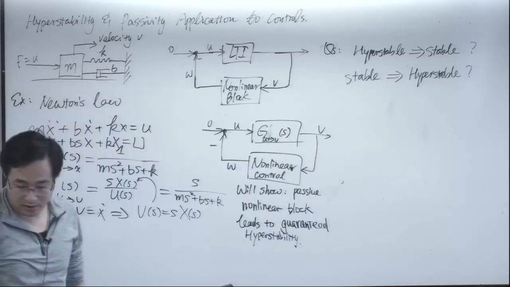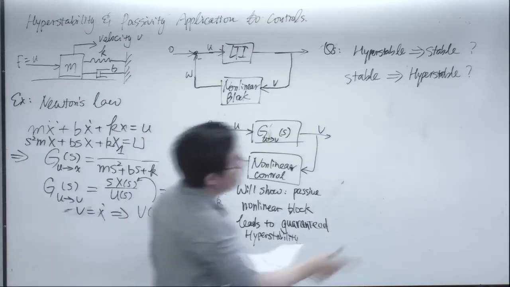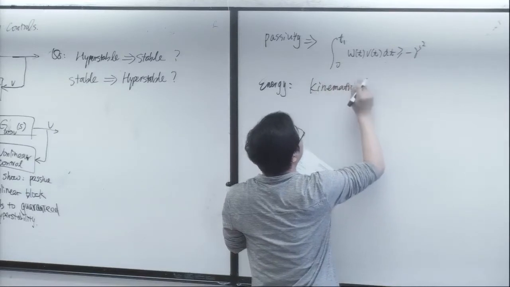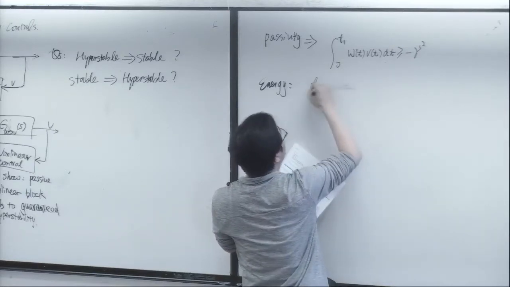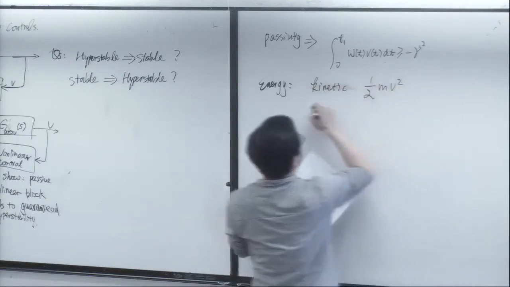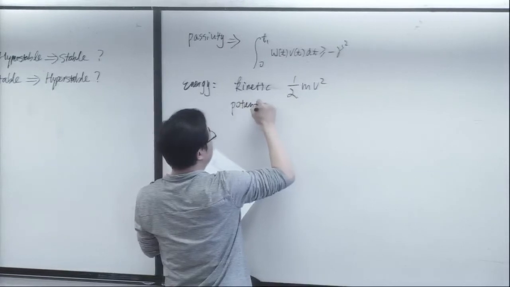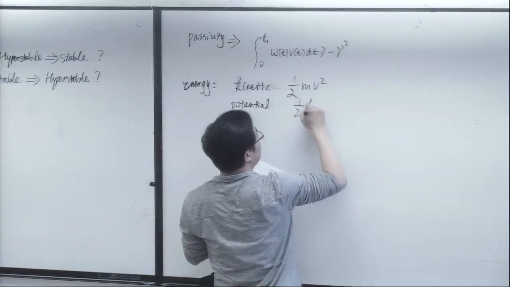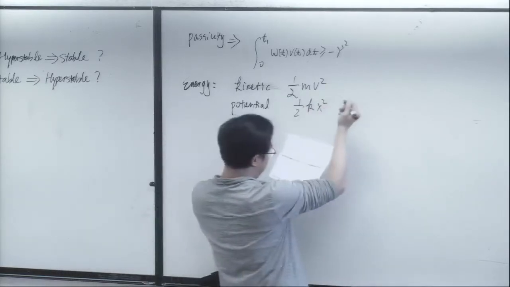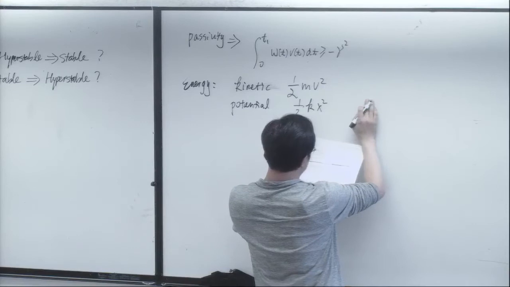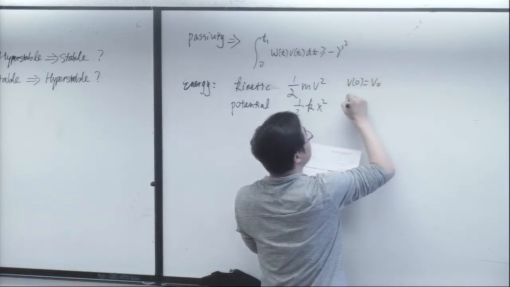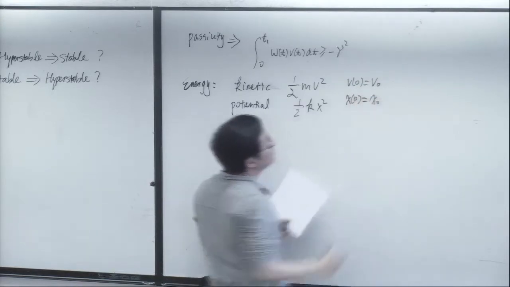The kinetic energy is half of m v squared, and potential energy is half of k x squared. We're assuming the initial velocity is v naught, and the initial position is x naught.